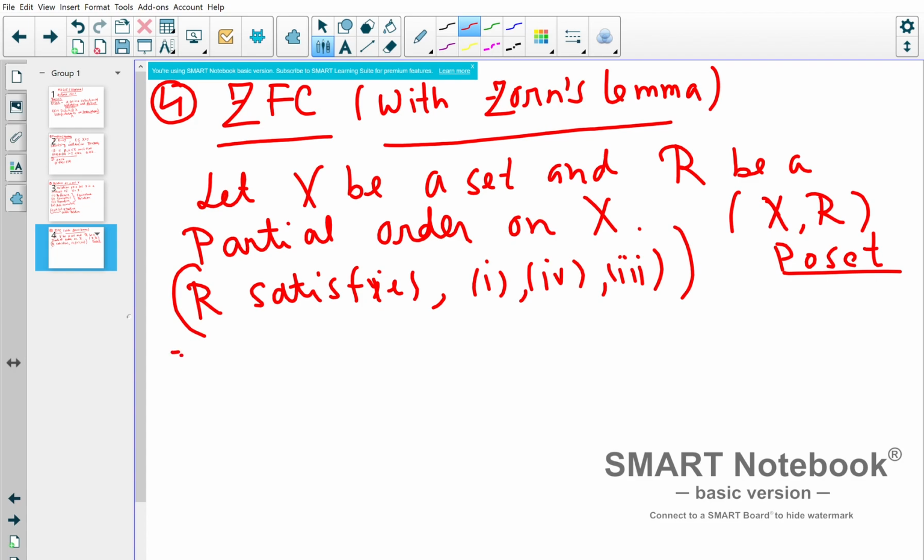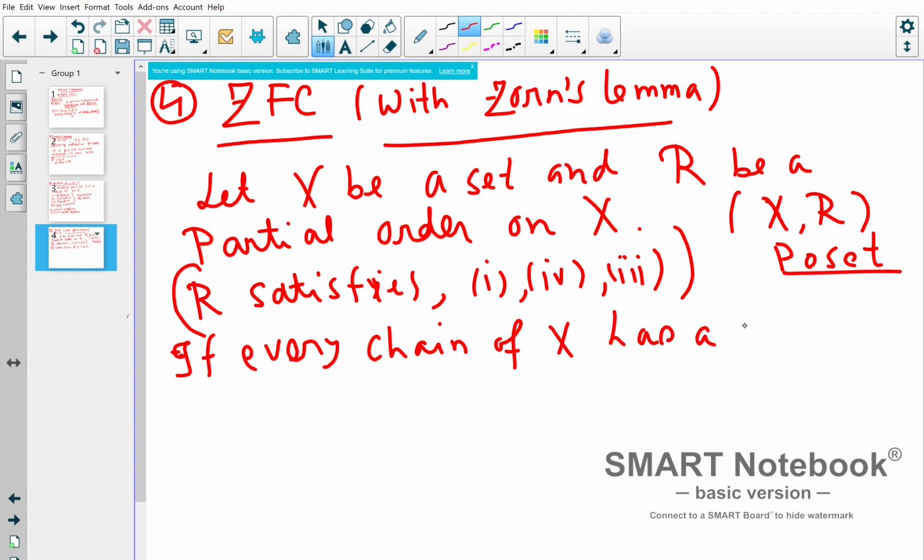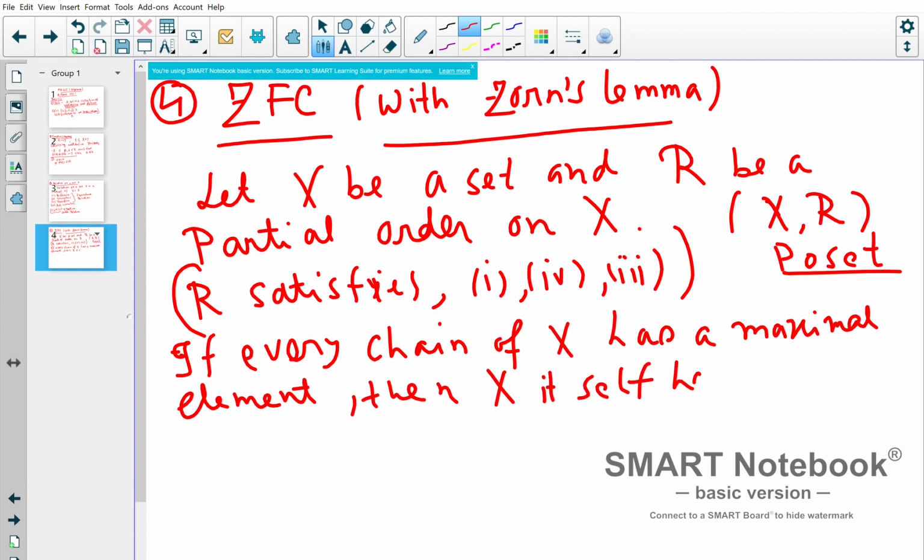If every chain of X has a maximal element, or least upper bound, whatever, maximal element, then X itself has a maximal element.